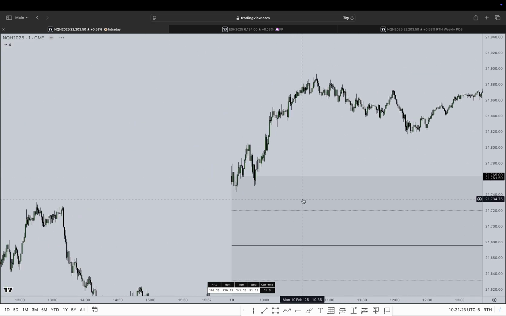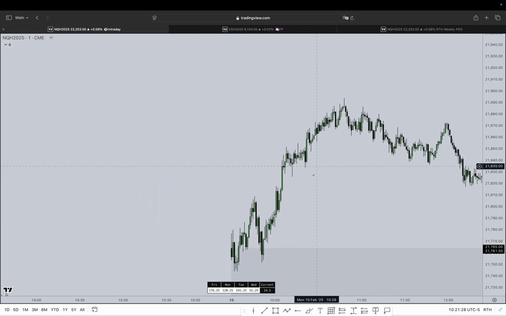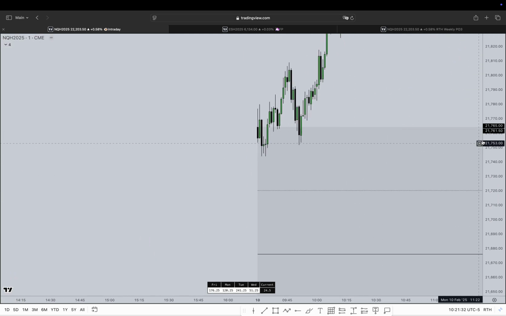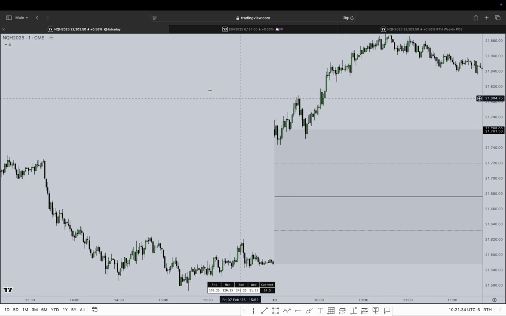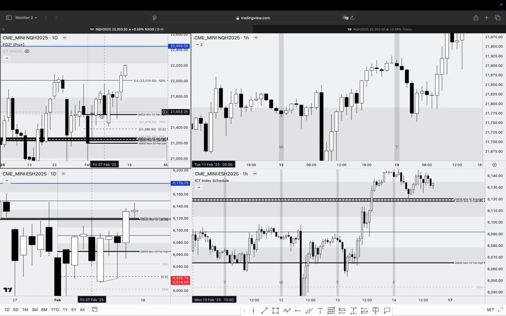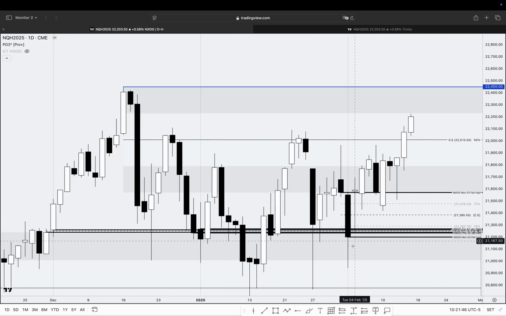So on this day we took this trade here, and on Monday we were anticipating a breakaway gap based on the high time frame chart. We were anticipating that we are going to continue to move higher because we reached on the previous day a new month opening gap here.